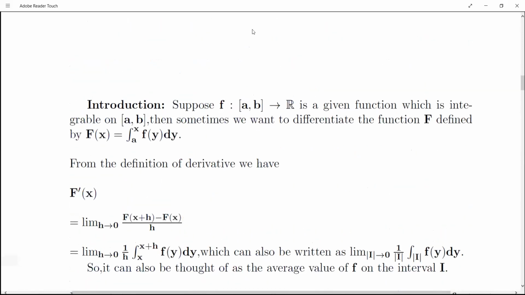So let's think of this example. Suppose you have a function from the closed interval [a, b] to the real numbers, and it is integrable. Then you want to define the function F(x), which is just the integral of the main function from a to x.